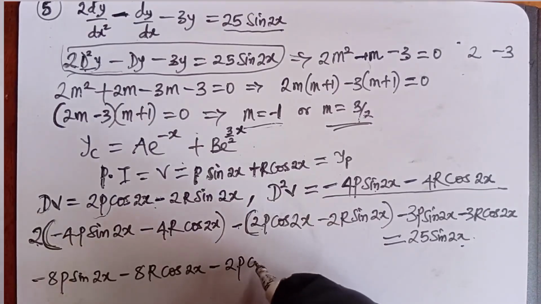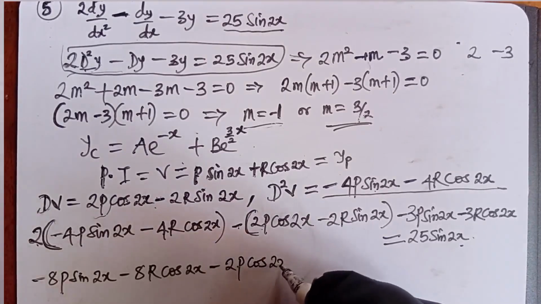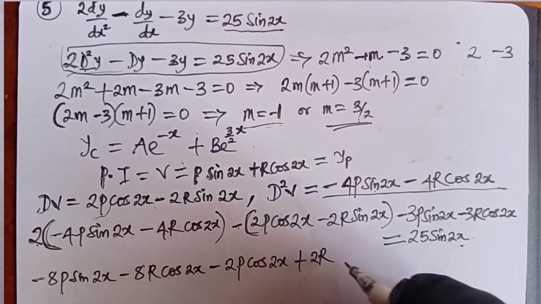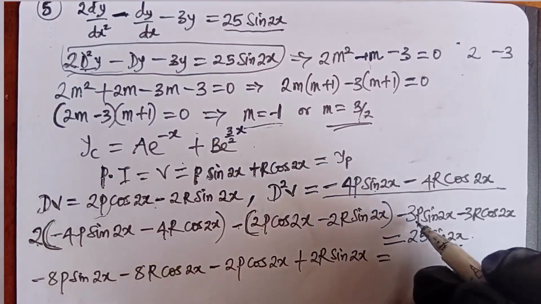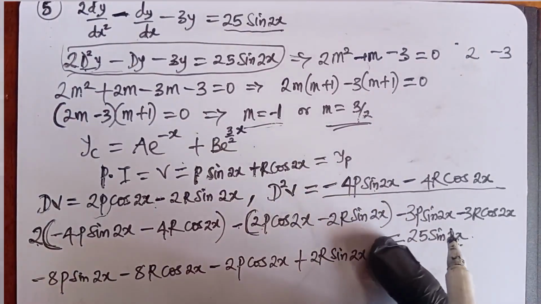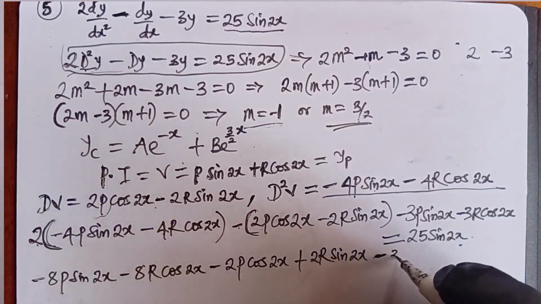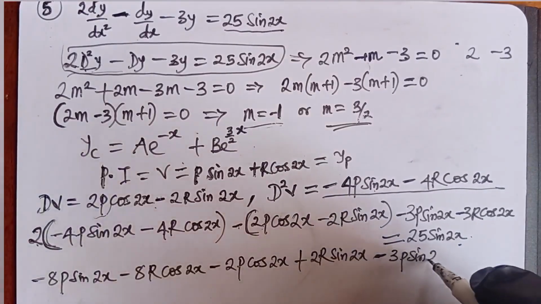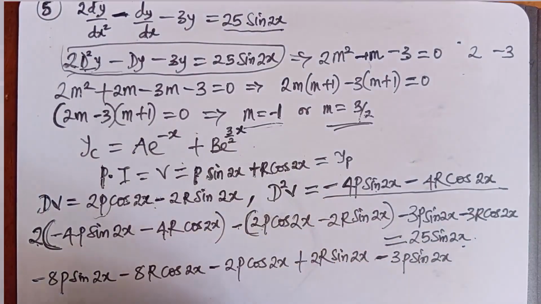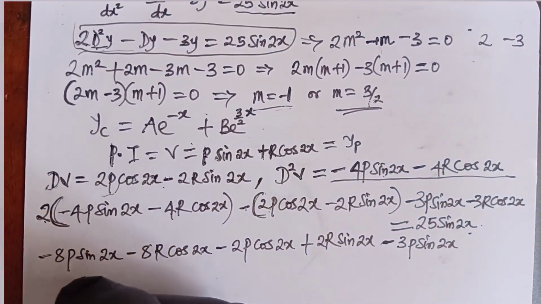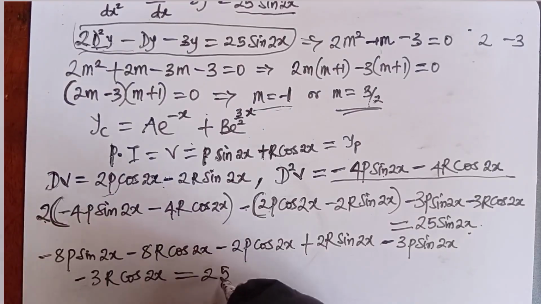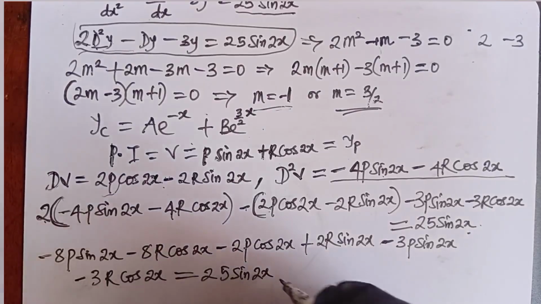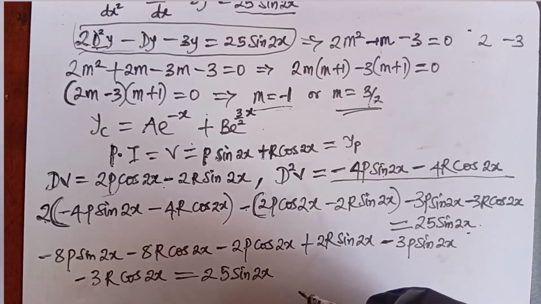Minus 2p cos 2x plus 2r sine 2x. Then minus 3p sine 2x, then minus 3r cos 2x, everything is equal to 25 sine 2x. Straightforward.